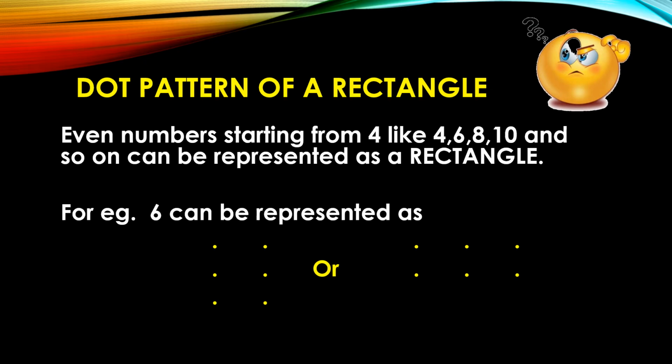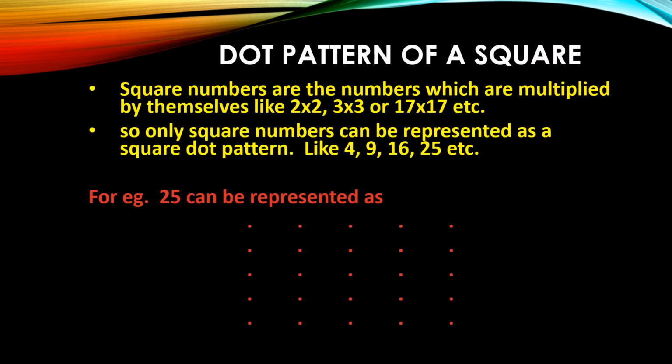Now moving on, if we want to study the dot pattern of a square, then for this we need to know what actually square numbers are. Otherwise we will not be able to draw the dot pattern of a square. Square numbers are the numbers which are multiplied by themselves. Like 2 twos are, 3 threes are, 6 sixes are, or 17 seventeens are.